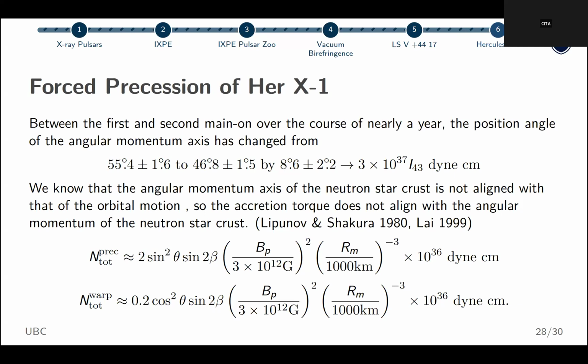The key is larger torques are required to make it more misaligned. It's also just me getting through the innards of that paper to understand exactly everything that's going on. But the physics is the same as this, just more complicated because it's a superfluid.